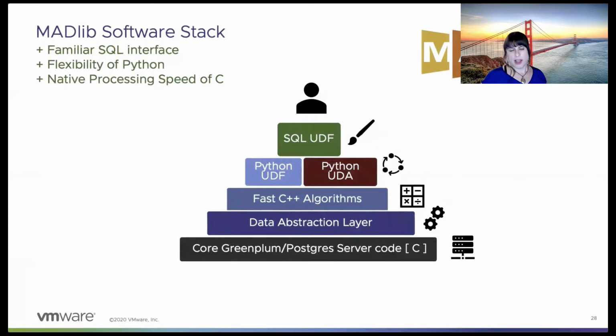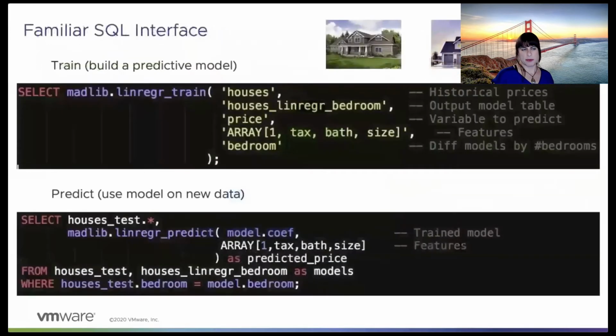You can also have UDFs or UDAs in other languages like C or R or SQL itself. It's one of the great things about Postgres, and Greenplum also takes advantage of that, and MADlib uses it to implement its functions. So here's a typical UDF of MADlib, a very simple linear regression.